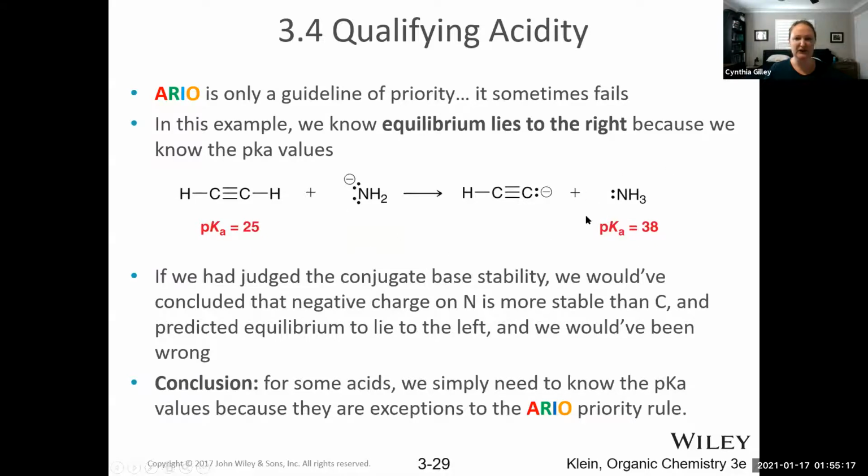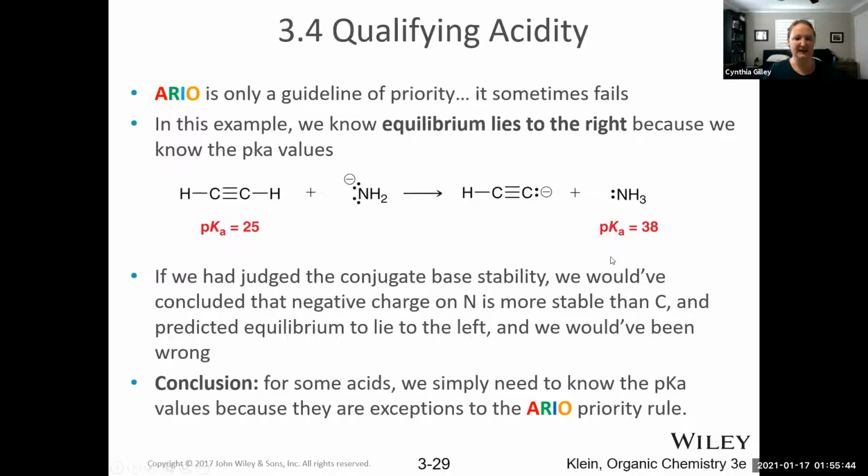We have this prediction that ammonia should be more acidic because its conjugate base is more stable, nitrogen being more electronegative than carbon. But it's not true. Ammonia is actually the less acidic of the two. You can see here the pKa value is higher. It's 38 versus 25. So this ARIO prediction failed in this case.